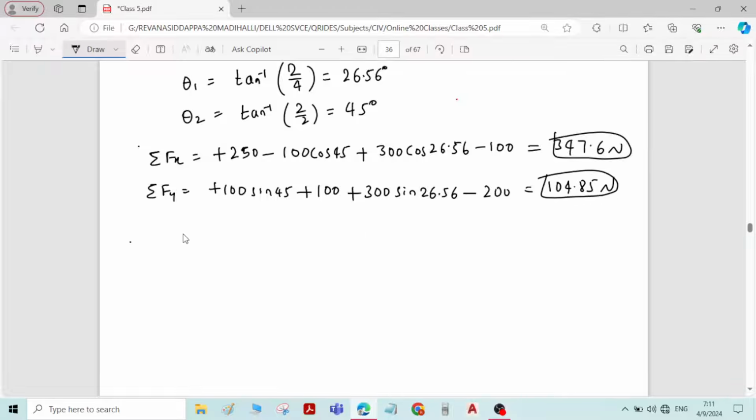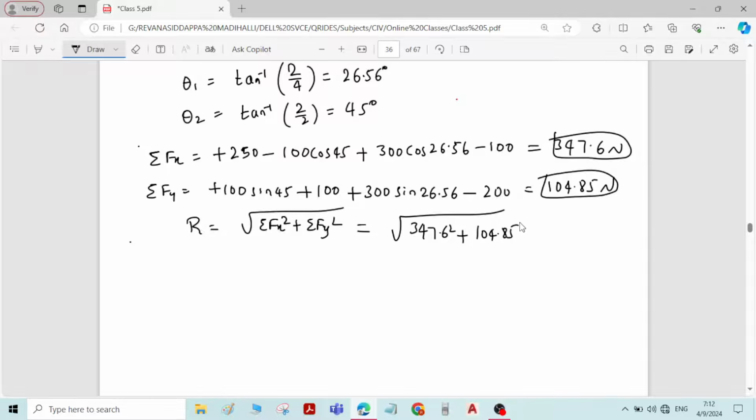Now we can find magnitude of the resultant force. We know the formula R is equal to root of sigma Fx square plus sigma Fy square, which is equal to root of 347.6 square plus 104.85 square. The answer for resultant force is 363 Newton.